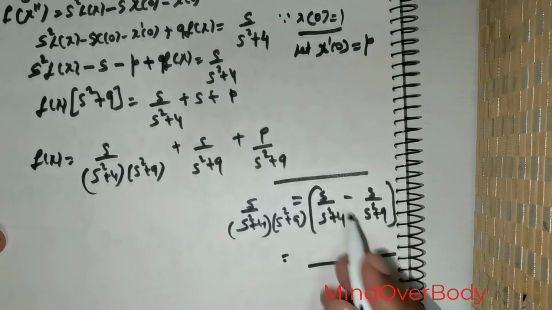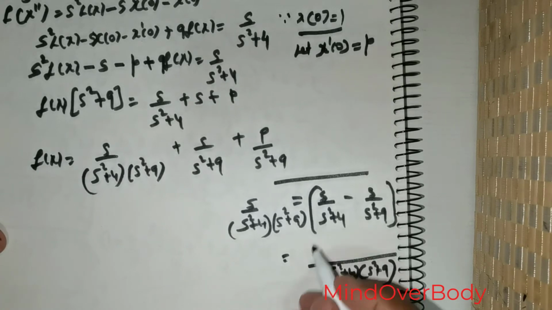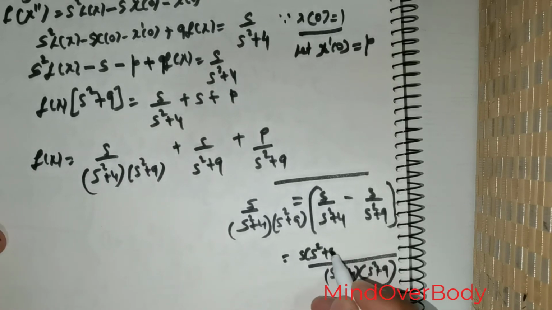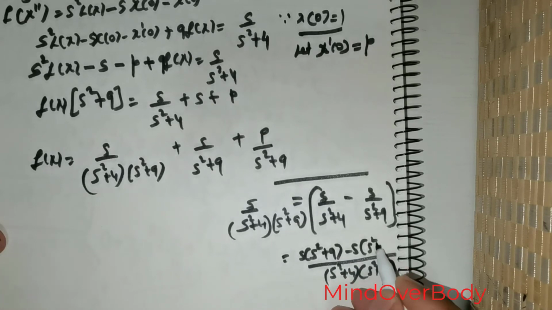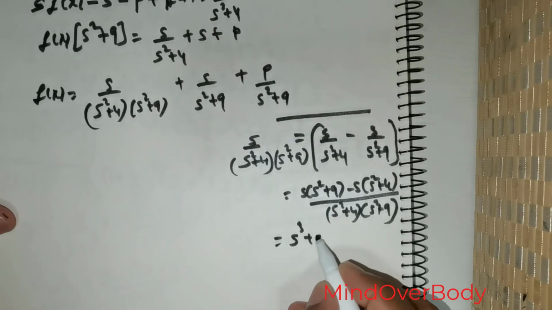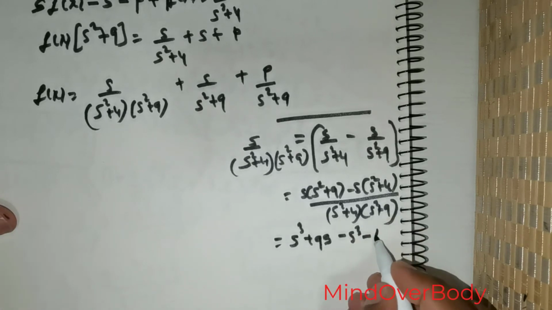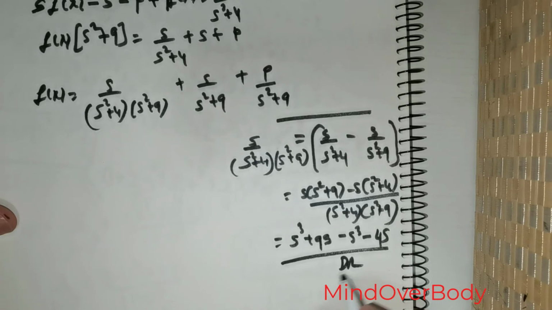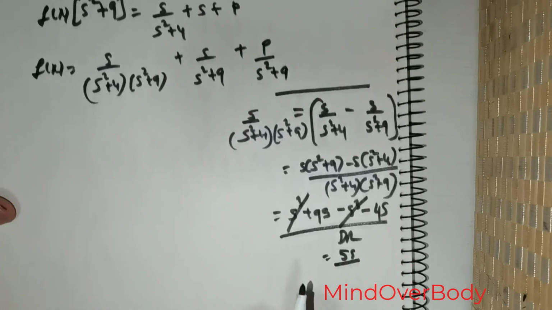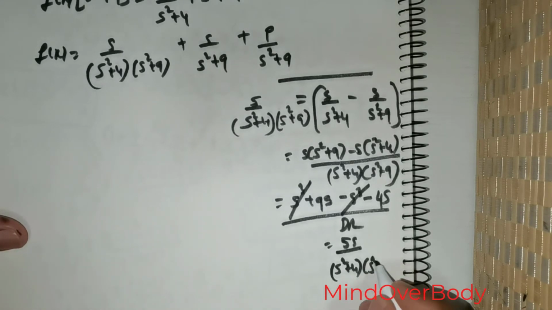If you take the LCM, s squared positive 4 times s squared positive 9, this gives me s times s squared positive 9 negative s times s squared positive 4. Expanding, this gives me s cubed, 9 times s, negative s cubed, and 4 times s, divided by the denominator. Now positive s cubed negative s cubed goes away. 9s negative 4s gives me 5s divided by the denominator, which is s squared positive 4 times s squared positive 9.